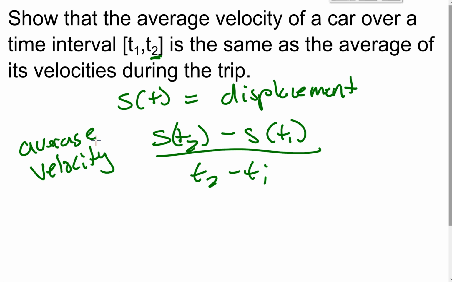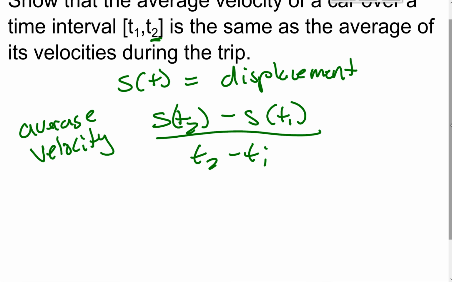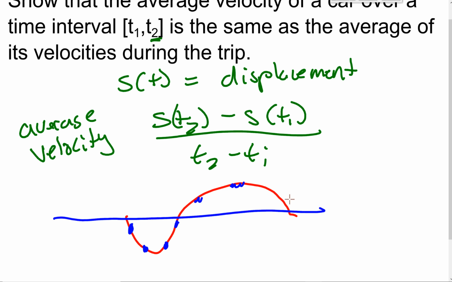Okay, now let's find the average of the velocities. Average of the velocities means that I have some velocities throughout our trip here, right? Say these are my velocities. Then the average of the velocities would be our fave.